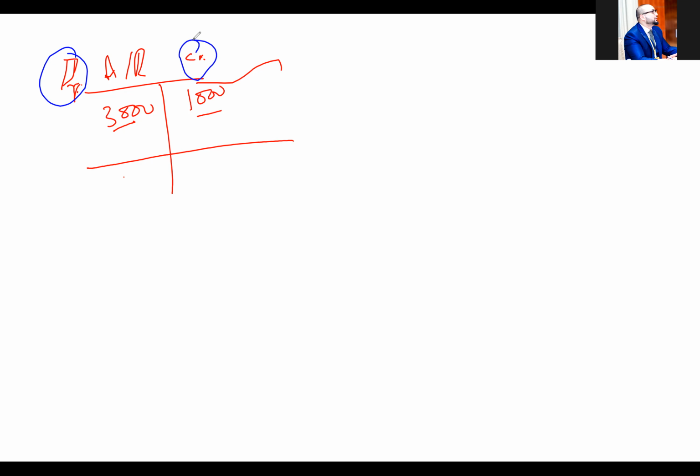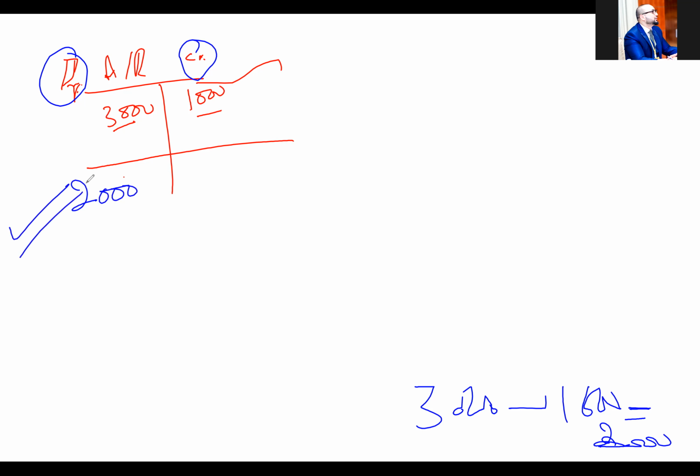So which side is greater? Debit side. Debit minus credit, how much? 2000, right? So you write it down, which side is greater? 2000. Understand?